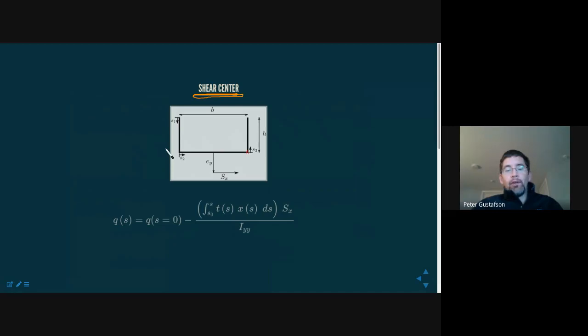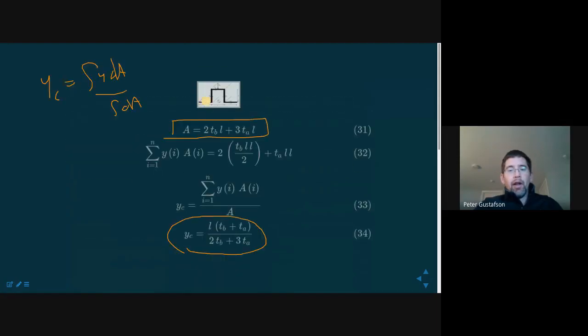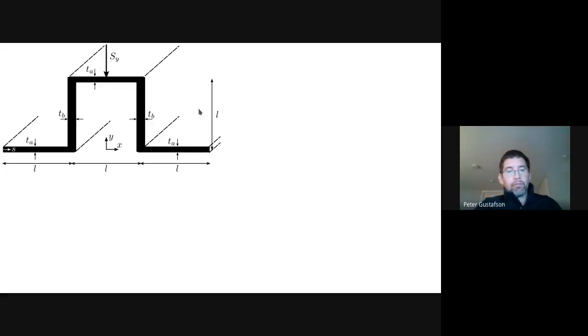But what we need to recognize is that the way I drew this up, I described there being a shear resultant, and I said it was through the line of symmetry here. What I didn't tell you at the time, which now you need to recognize, is I drew this through something called the shear center.